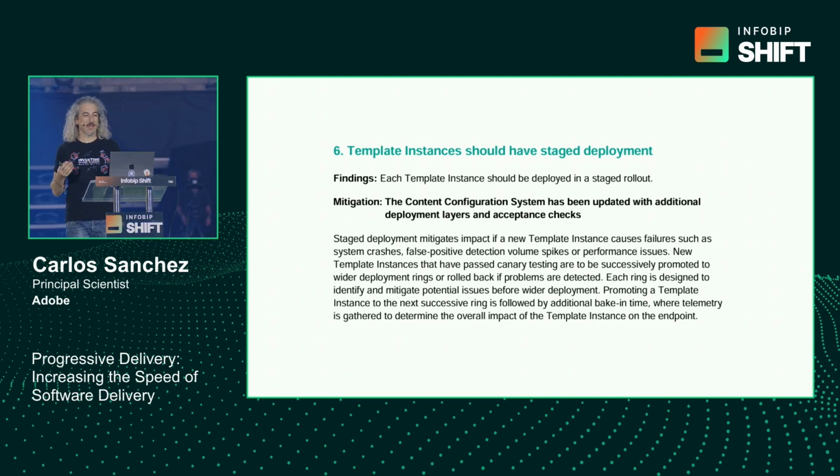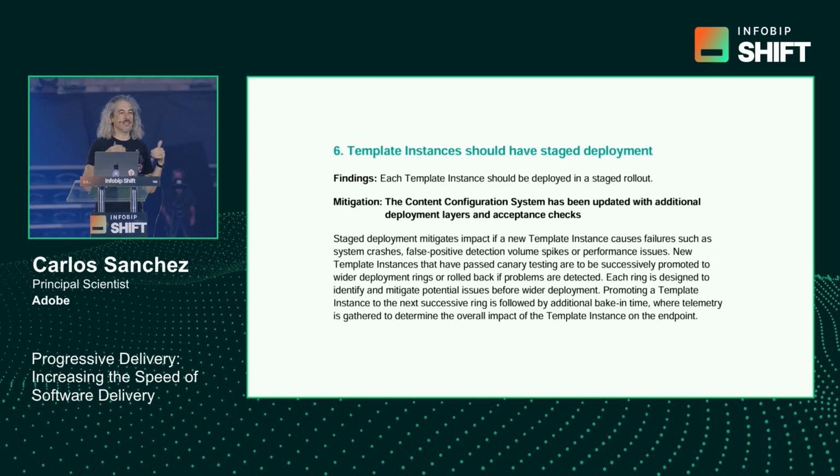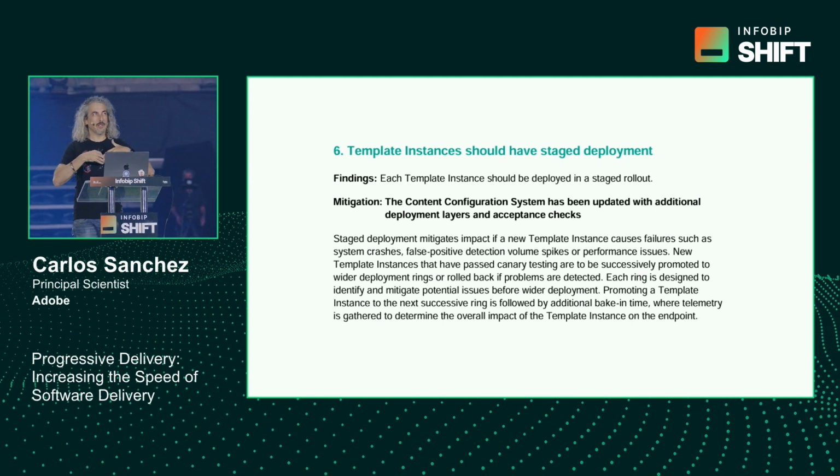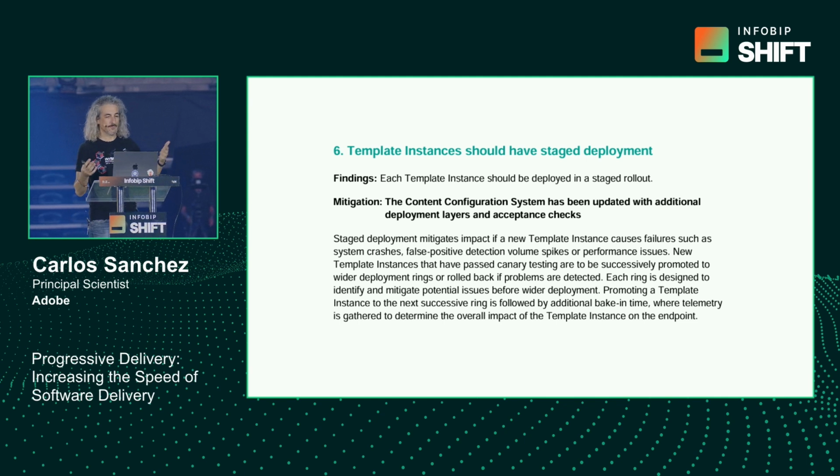It makes sense today, but no matter how much testing you do, it's not guaranteed that this is going to work in production for everybody, especially if you have a large user base. So one of the things they said was, we're going to do Canary testing and successfully promote these Canaries.